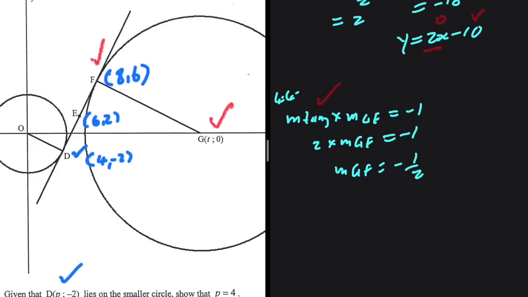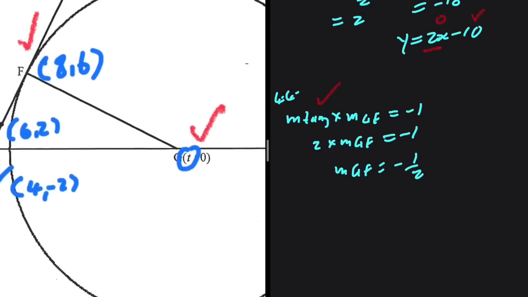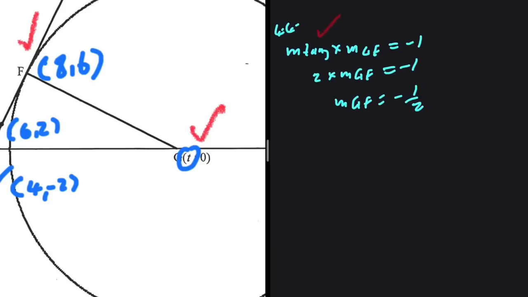How can we use that to find the coordinates of t? If we use GF to find that gradient of -1/2, the only unknown variable will be t. Let me show you what I'm talking about. So we can say that the gradient of GF is equal to y2 minus y1 divided by x2 minus x1.